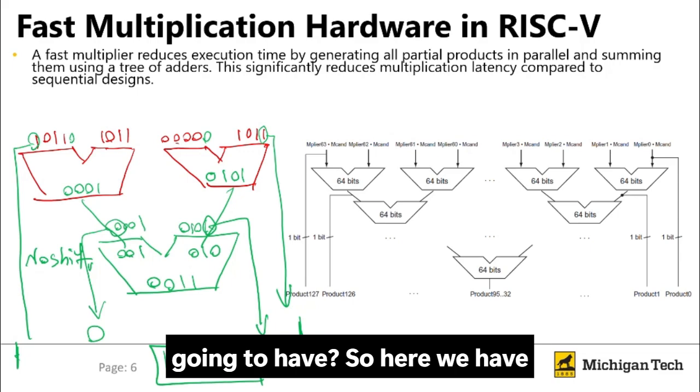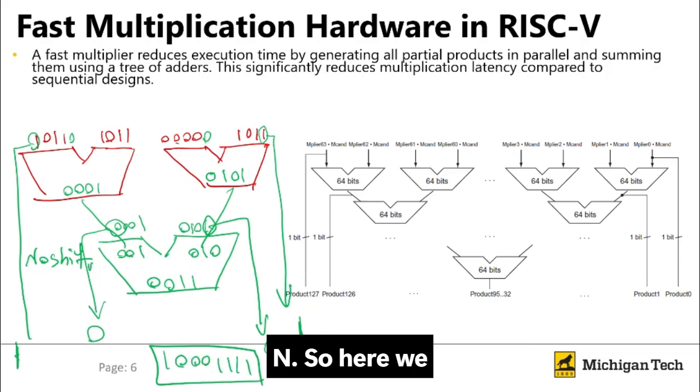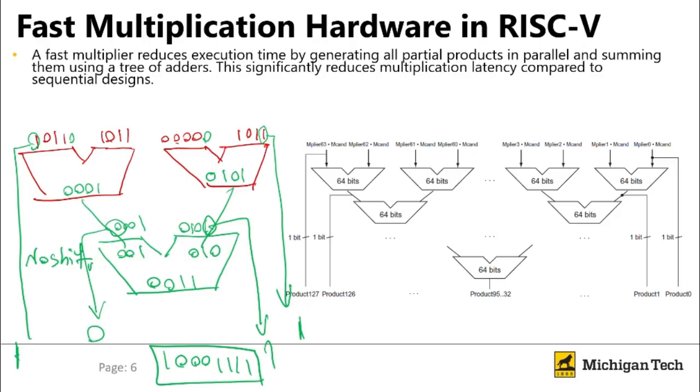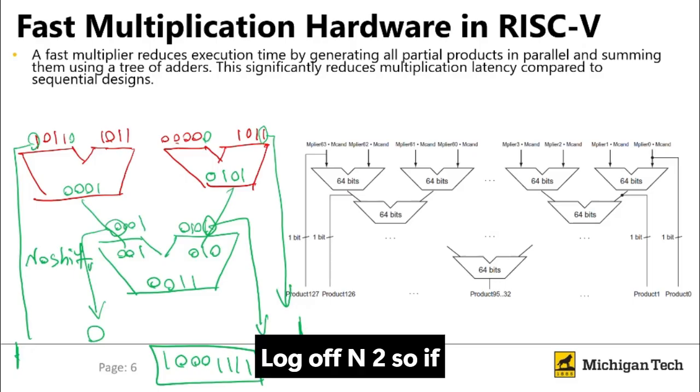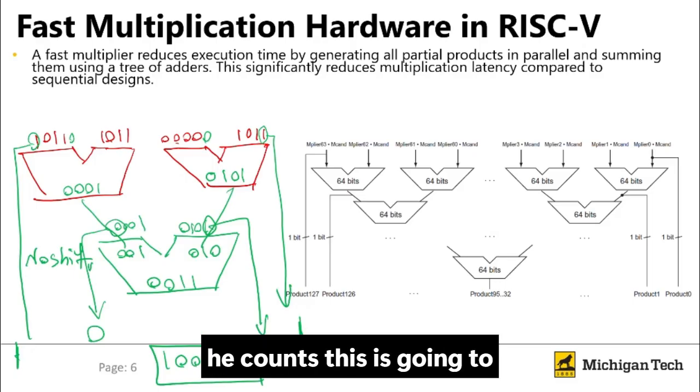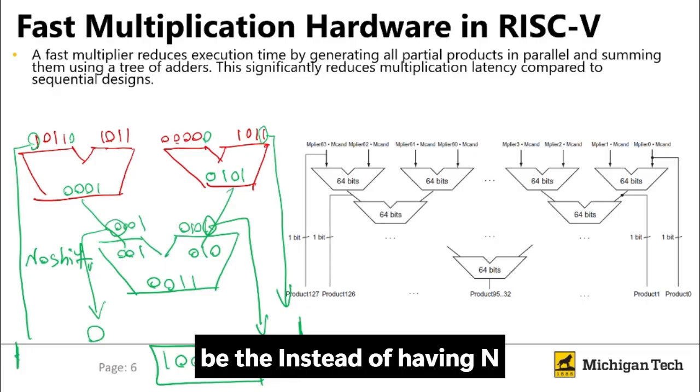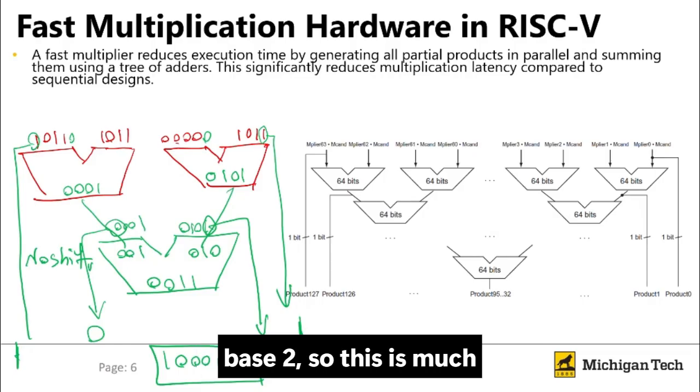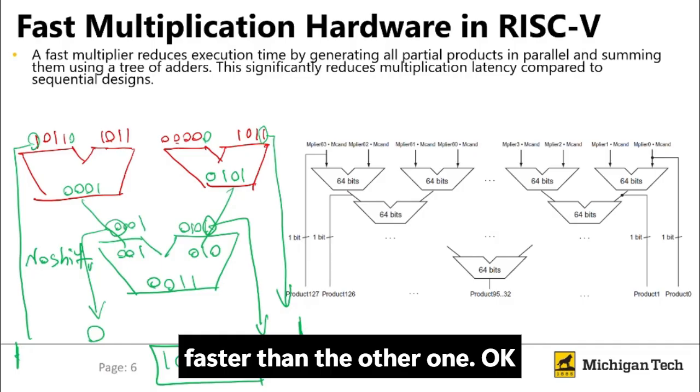So here we have n. So here we have log of n base 2. So instead of having n layers, we have log of n base 2. So this is much faster than the other one.